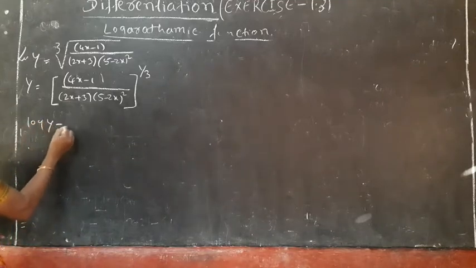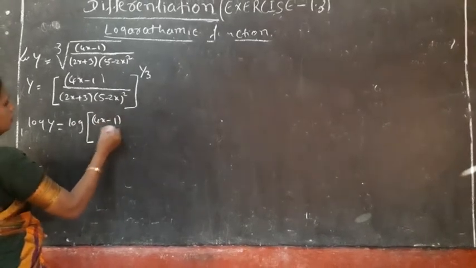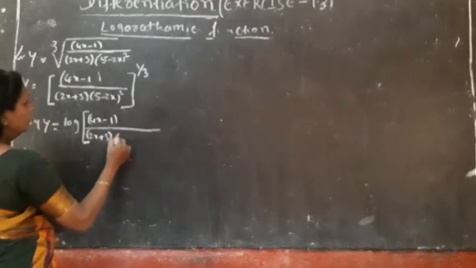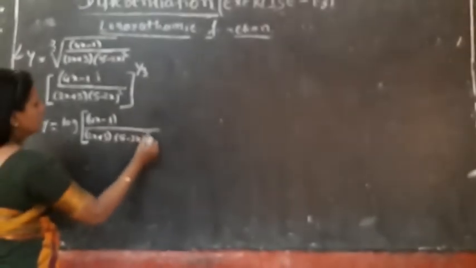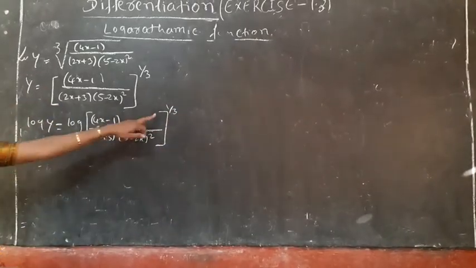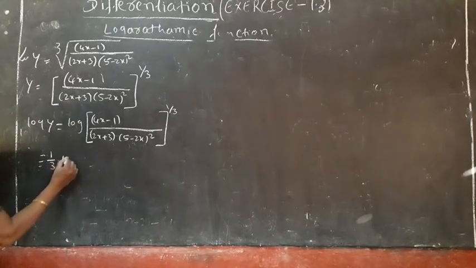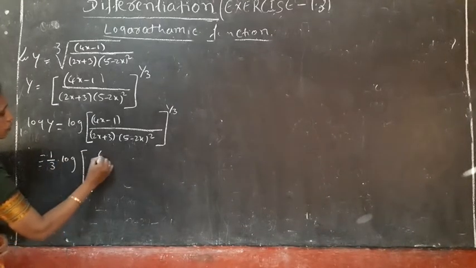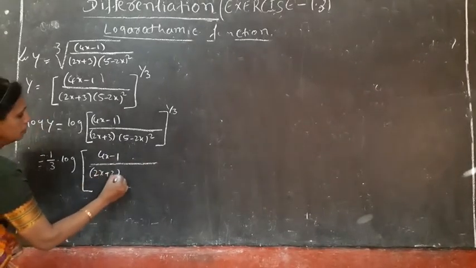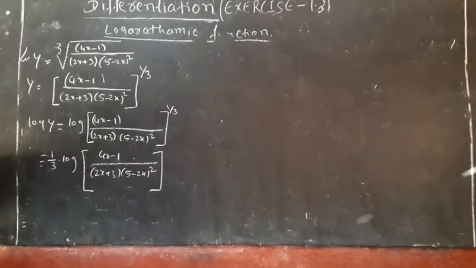Log y equal to log of ((4x minus 1) divided by ((2x plus 3)(5 minus 2x) squared)) raised to 1 upon 3. So first apply the third law of logarithm: 1 upon 3 log of (4x minus 1) divided by ((2x plus 3)(5 minus 2x) squared).